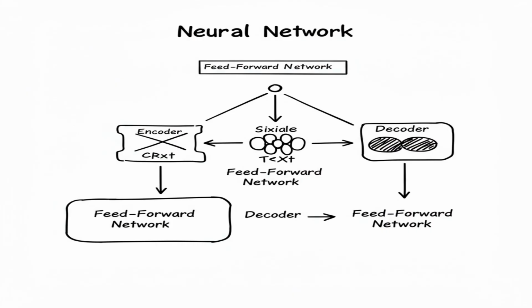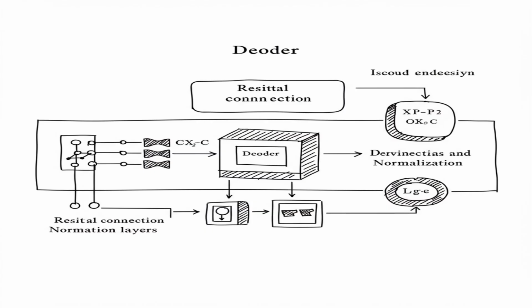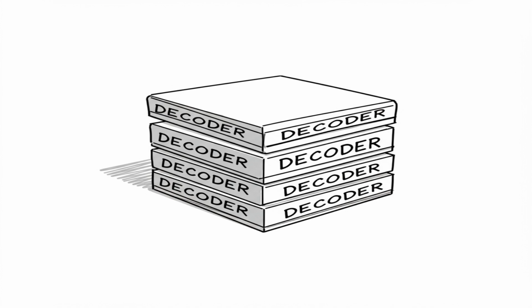Similar to the encoder, the output then passes through another feed-forward network. And of course, residual connections and layer normalizations are applied after each sublayer in the decoder too. Just like the encoder, multiple decoder blocks are stacked to form the complete decoder section of the transformer.